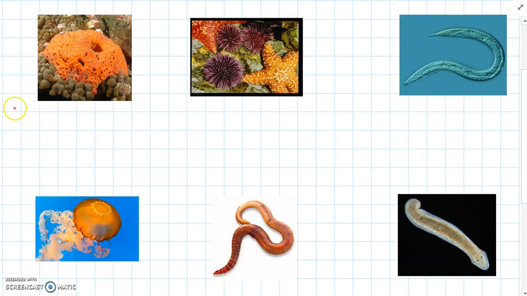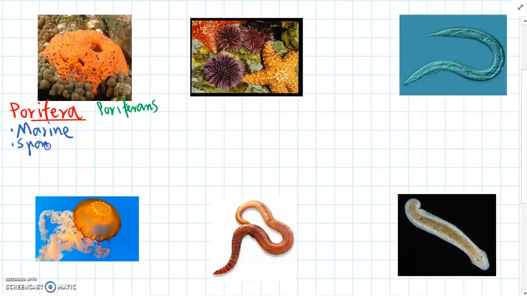The first group here is the Phylum Porifera, which are commonly called the Porifera. They only live in the sea, so we can call them marine, and they have a spongy body.